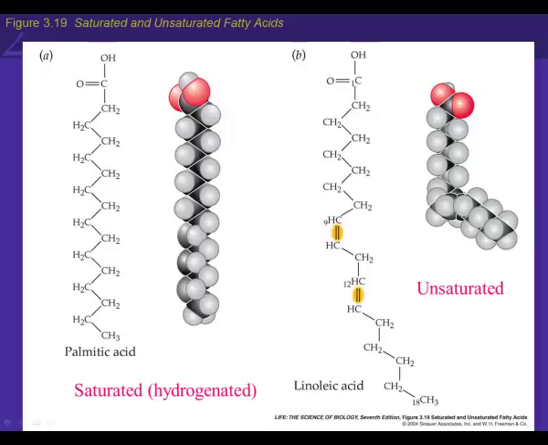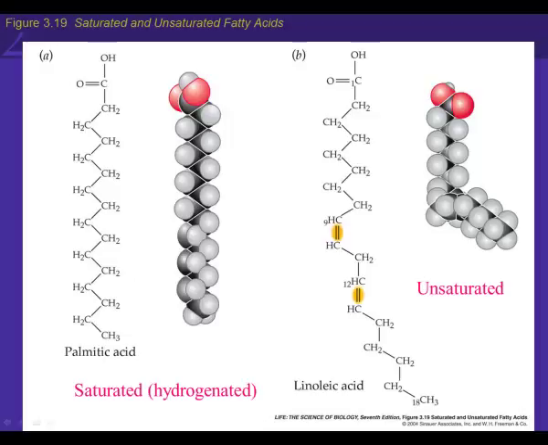Now, these differences in structure have very important implications in some chemical properties of these 2 fatty acids. The biggest one is that the saturated fatty acids, like palmitic acid, because they are so straight, can pack together very, very tightly. Those tend to be a solid at room temperature.